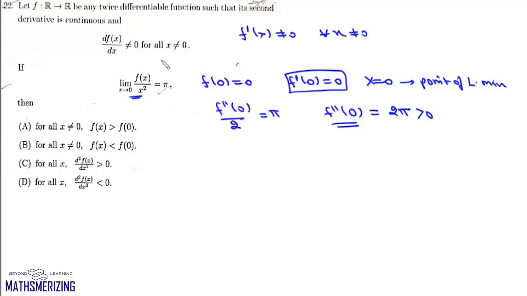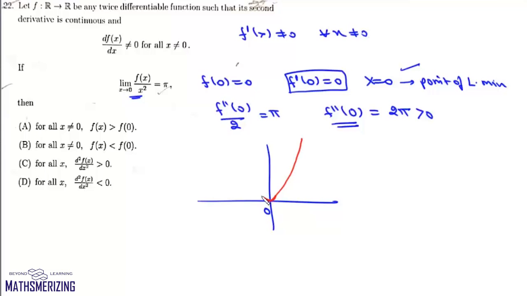And since f dash x is unequal to 0, that means at no other point it will have a critical point. So this is the only critical point possible in this case. So at 0, we have a double root that is concave up. Now after x is greater than 0, this function will increase because there is no other critical point.